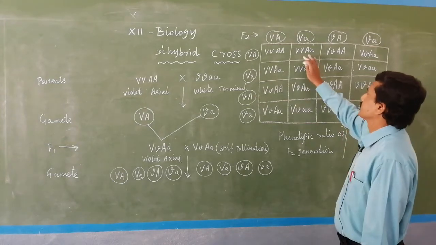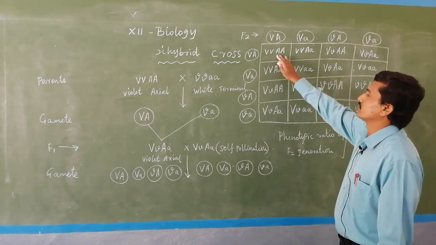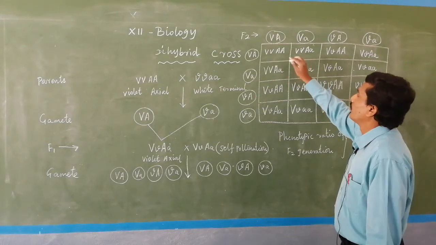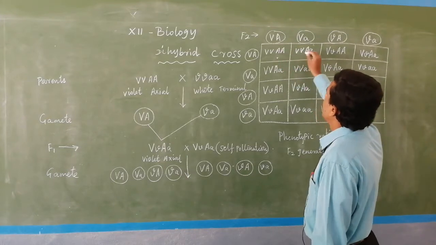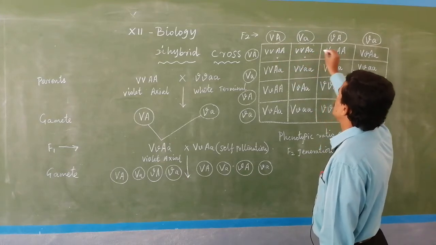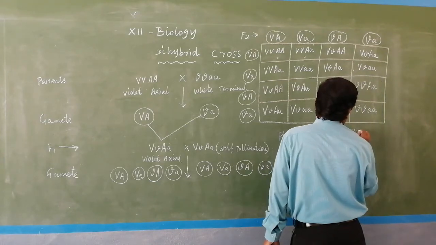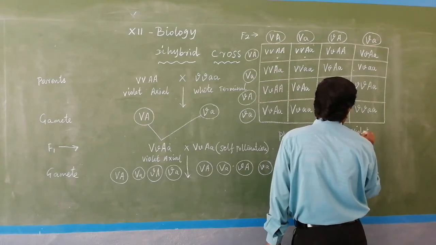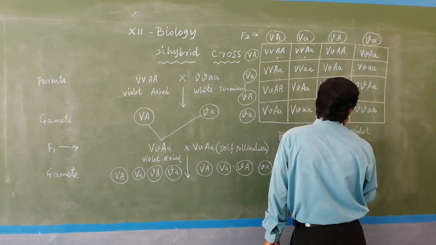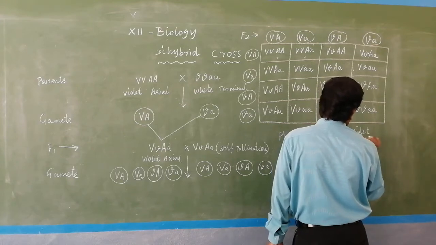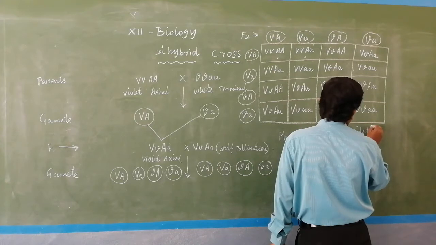Okay, listen. This is violet axial 1, violet axial 2. First we mention the violet plant with axial flower, violet flowered plant with axial position.